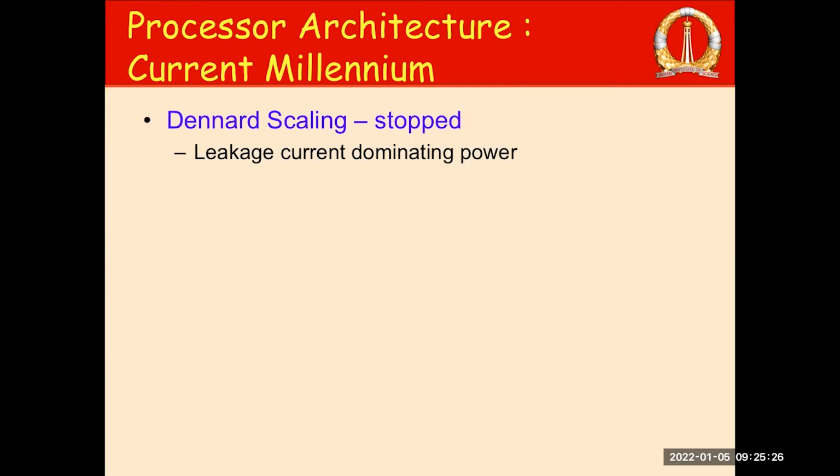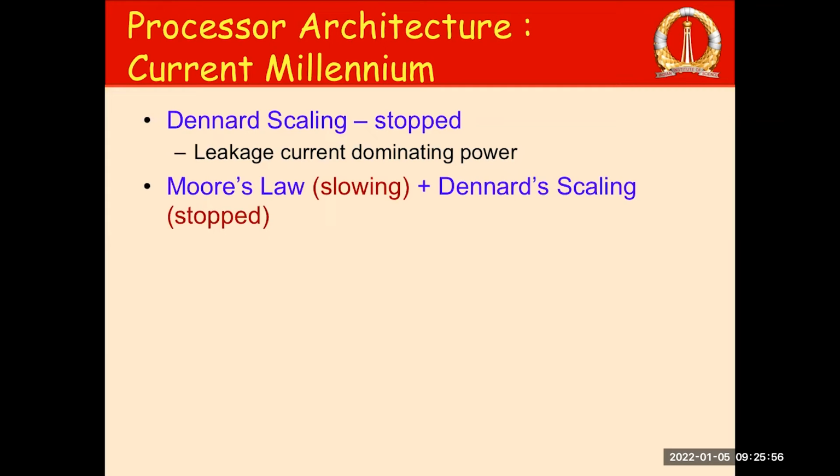As the feature sizes were decreasing, the dynamic power is what was really decreasing, whereas the leakage power stayed more or less constant. So as the scaling was happening, at some point in time, the leakage power started dominating the overall power. And therefore, with reductions in feature size, since the leakage current remained the same, Dennard scaling no longer holds good.